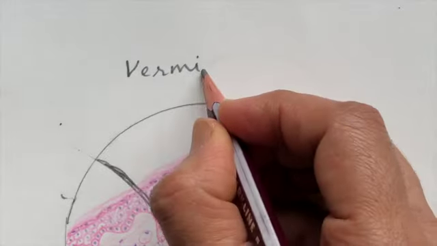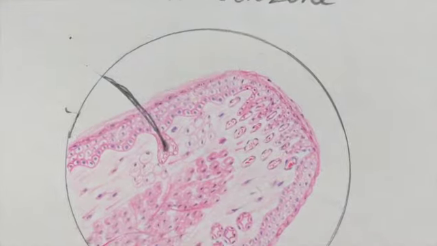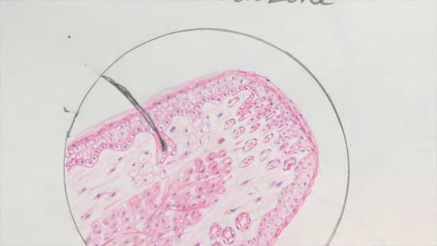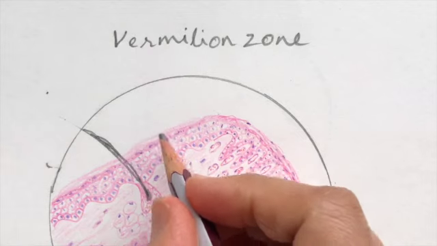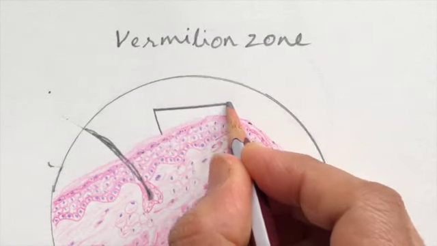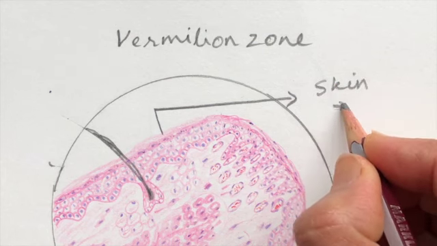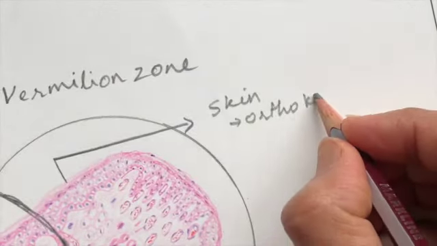We'll start labeling this. So when we are labeling, we know that this is the zone of skin which is lined by orthokeratinized stratified squamous epithelium.